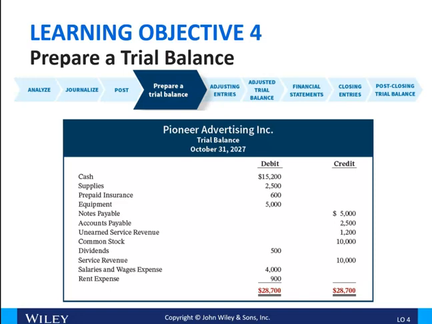But the two columns kind of makes it easier. We add up all the debits. We have a total of 28,700. Add up all the credits. We have the same total, 28,700. Okay. So what a trial balance does, it proves that debits equal credits. Okay, that's all it does.